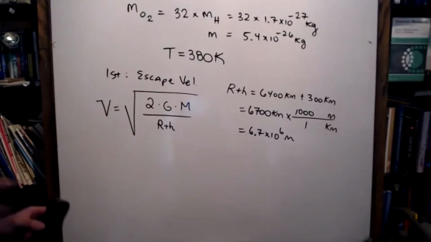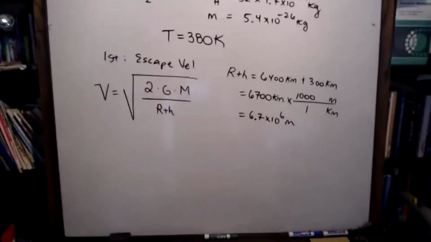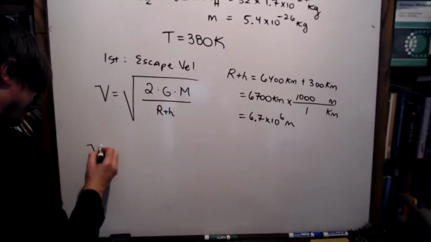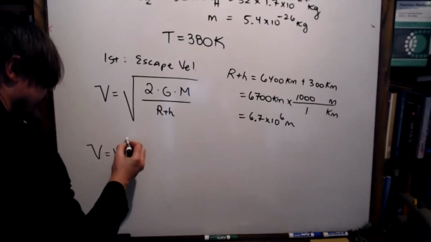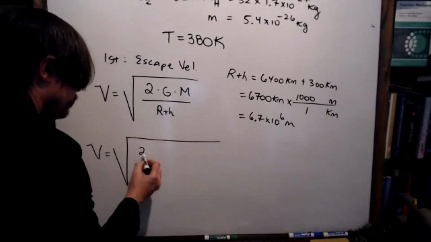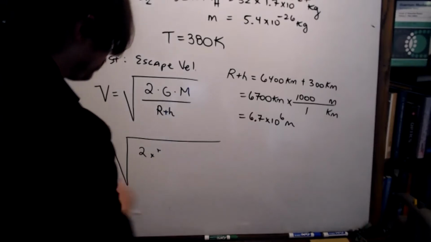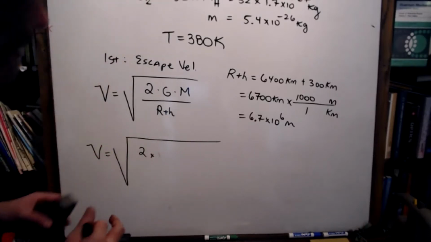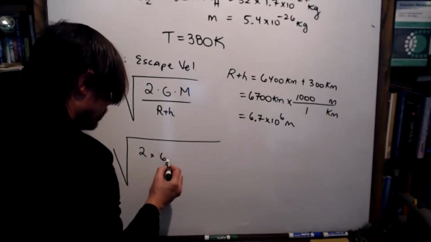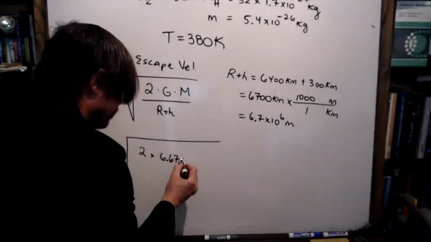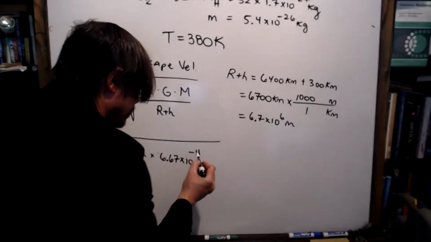Okay, so the escape velocity from Earth at the exosphere will be the square root of 2. Let's use the actual value of G so we can get a better estimate here. 6.67 times 10 to the minus 11.